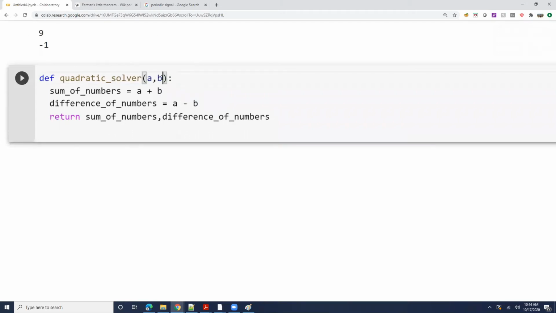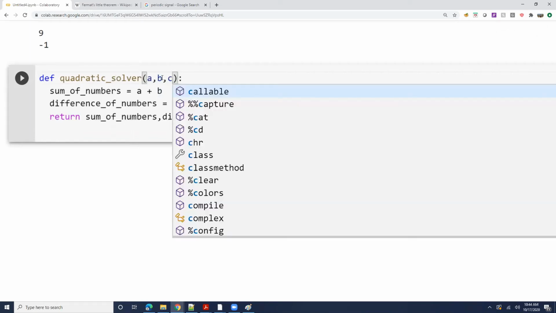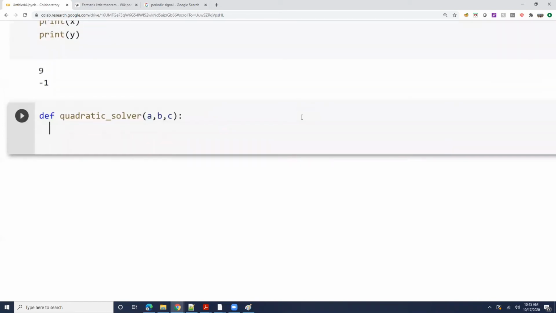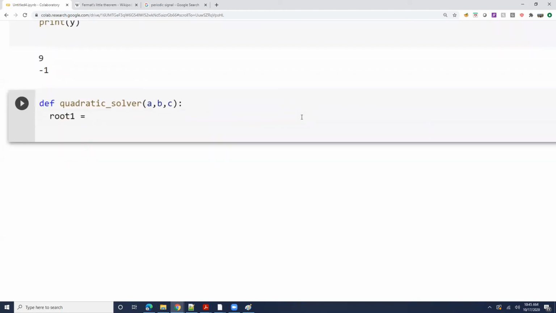Three. Okay, so I'll just say A, B, and C. Okay, you guys also like A, B, and C. So what are the roots? Okay, I'll call it root 1 and root 2.